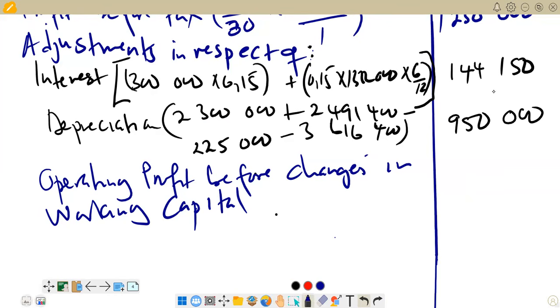And the figure that you are going to get there is 2,324,150.